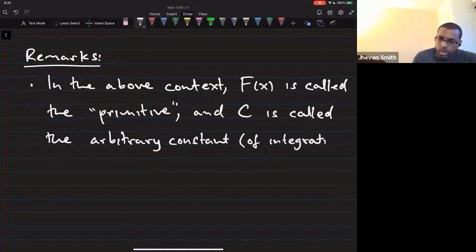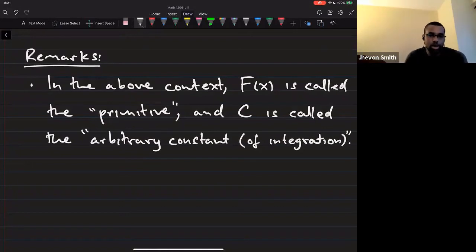Right, so people will say it's just an arbitrary constant, but they really mean an arbitrary constant of integration. They usually don't say integration. What else?